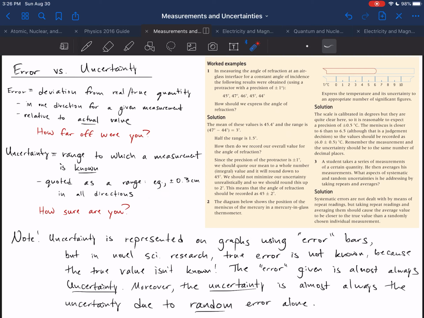In that case, you're simply estimating the uncertainty. Anytime in this class you take a physical measurement, you should estimate the uncertainty as best you can. There are a couple of different ways of doing that, but it should be a genuine estimate of the range to which you know the measurement. You could get it wrong. That happens.